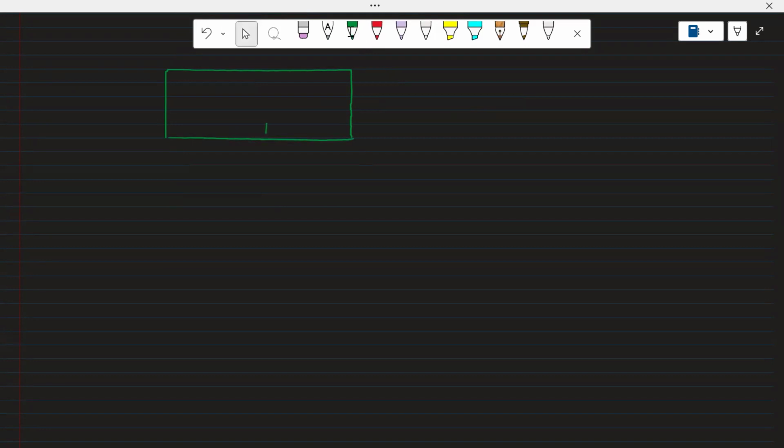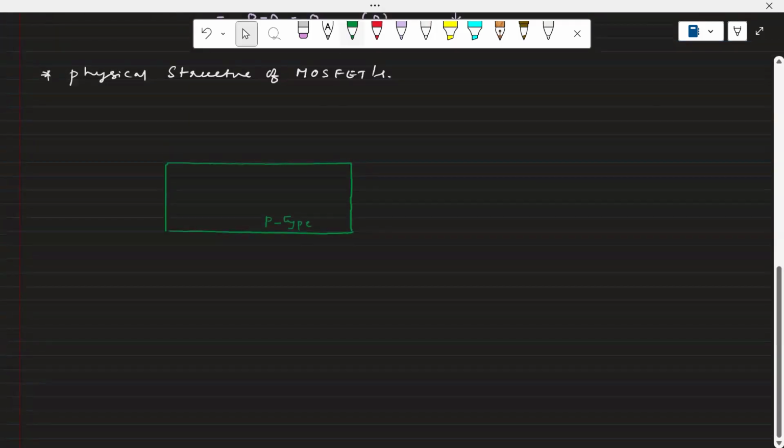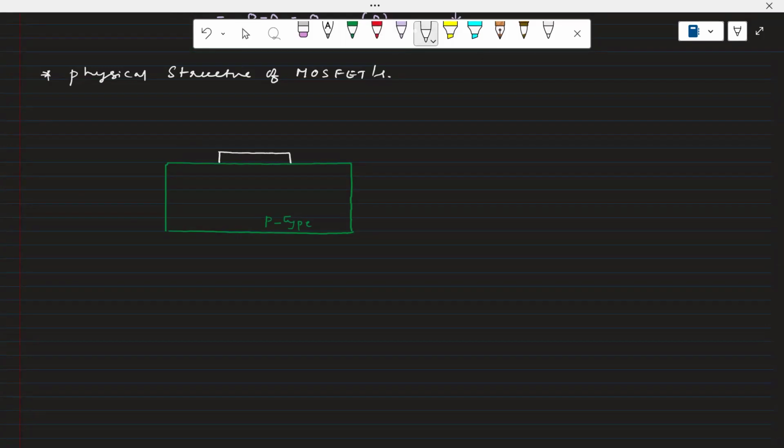It's a P-type body. So I have to take a P-type semiconductor for the nMOS transistor. On top of it, we have to realize the gate oxide, right? On top of it, we have to realize polysilicon or a metal gate.